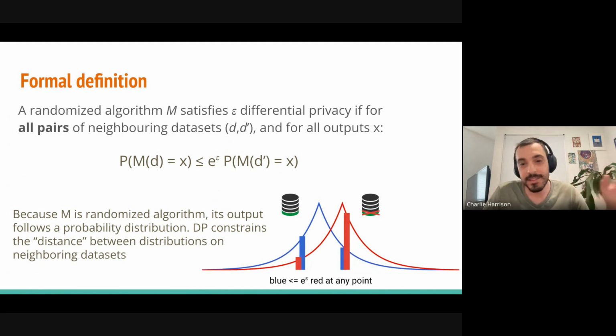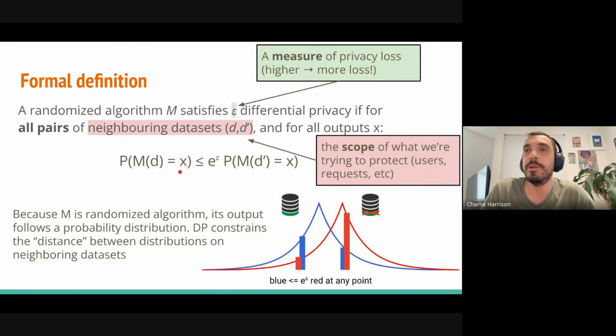You look at the distribution under one data set and then a neighboring data set, with someone's data removed, added, or modified. We look at every single point in this distribution and show that they're close in this multiplicative sense. So the blue line is less than or equal to e to the epsilon times the red line, and vice versa. This is a kind of distance metric on probability distributions.